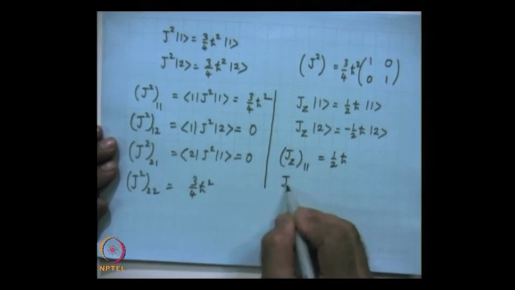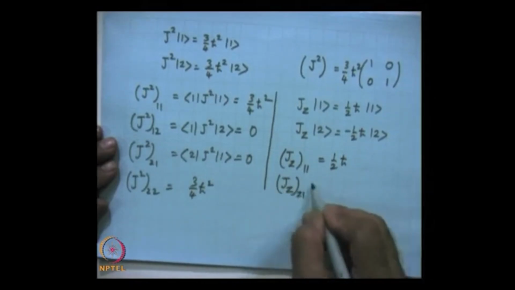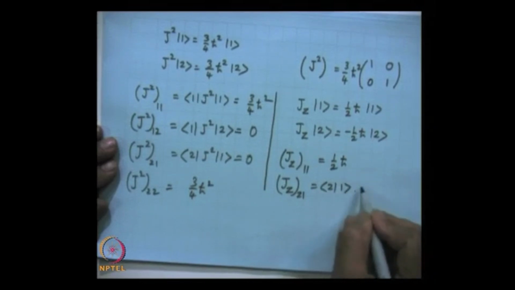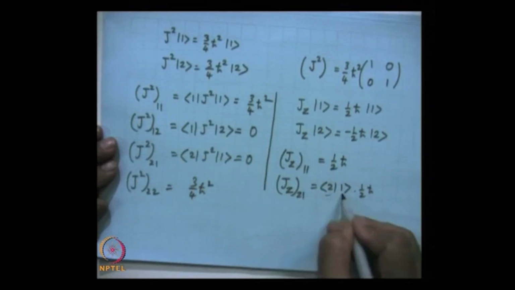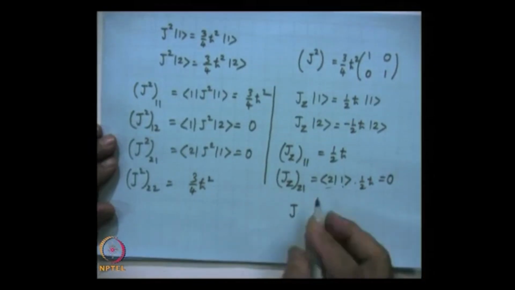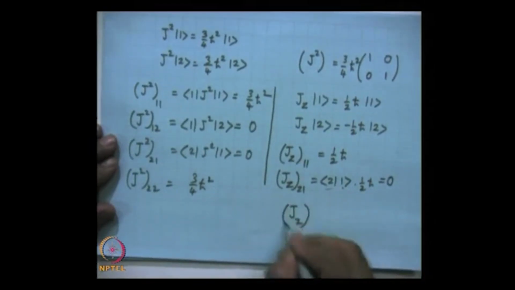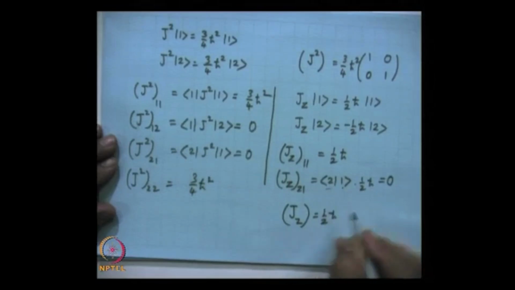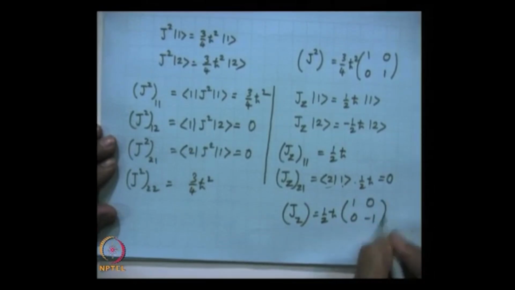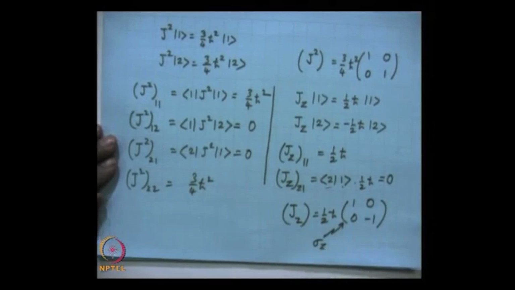But Jz 1 2 or 2 1, 2 1 will be bra 2 Jz ket 1, so this will be multiplied by half h cross, so this will be 0, and Jz 2 2 will be minus half h cross. So, the matrix representation of Jz will be half h cross times 1 0 0 minus 1. This is the sigma z, the sigma z Pauli matrix. We have derived that.